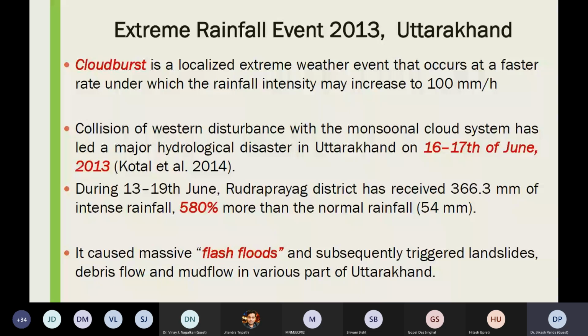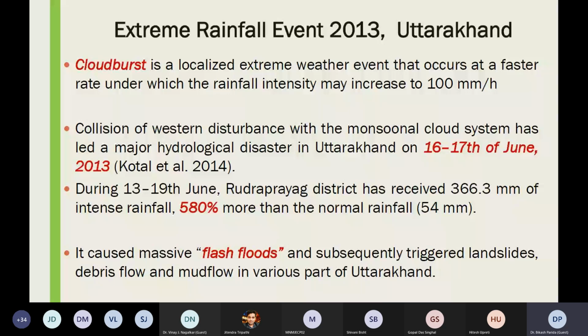So this is one case study I conducted especially for the 2013 cloud burst, which happened near Kedarnath in Rudraprayag district. If you calculate the rainfall in the Rudraprayag district, the rainfall received within a few days is very close to 366 millimeter, which is 580% more than the normal rainfall.